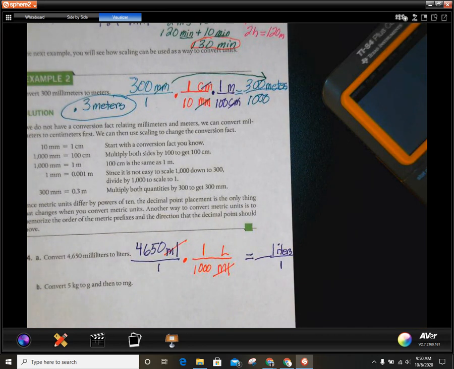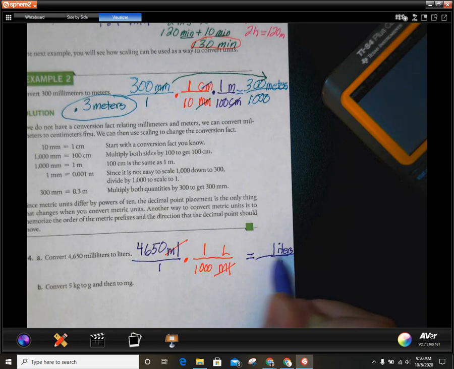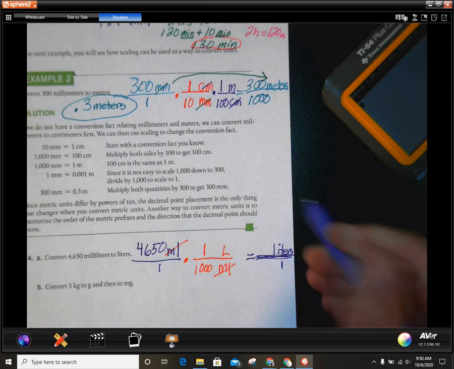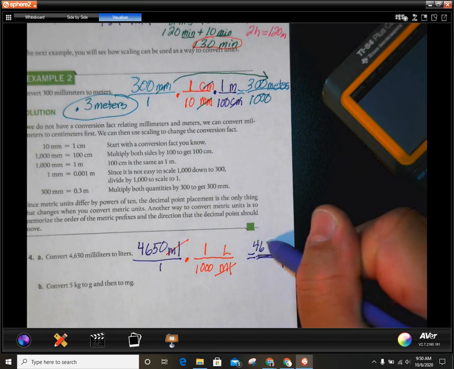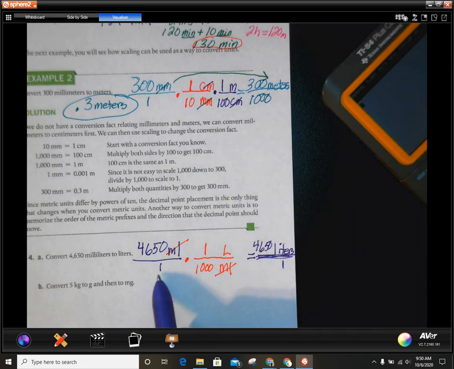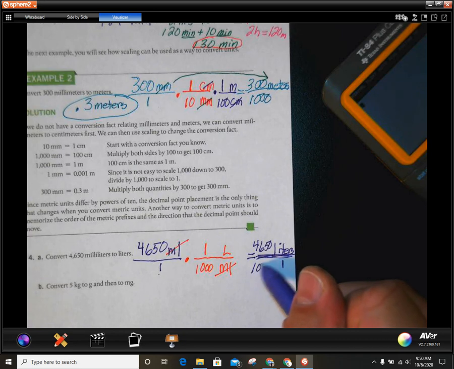Okay, multiply them across. 4650 times 1, 1 times 1,000.